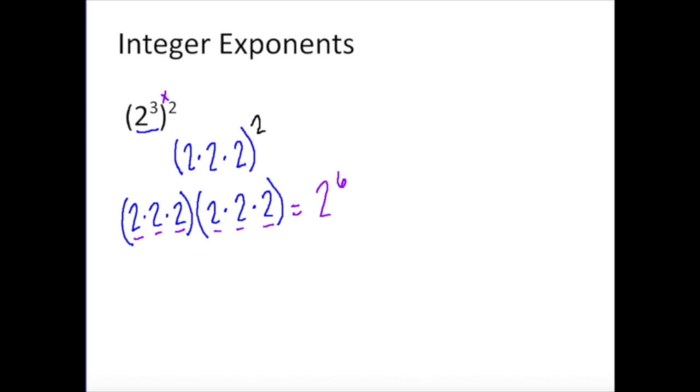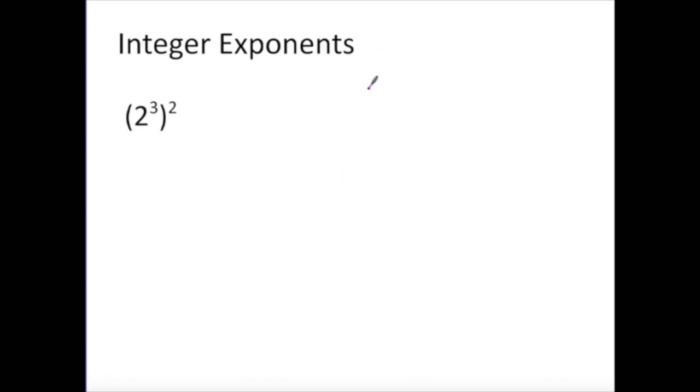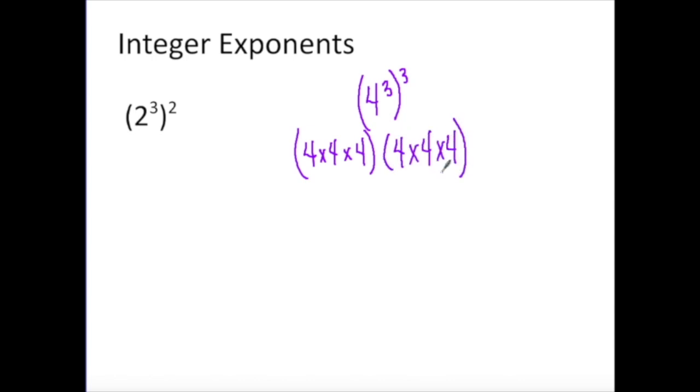So let's take a look at another example. Let's try 4 to the 3rd power raised to the 3rd power. That's a lot of 3's. So 4 to the 3rd power would be 4 times 4 times 4. Now, I need 3 of these groups right here. So this is one group. Let's do another. That's 2 groups.